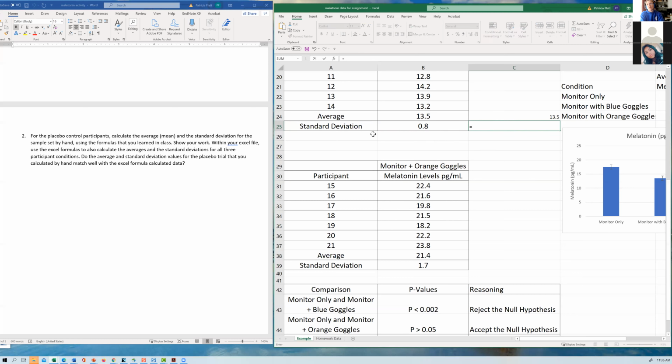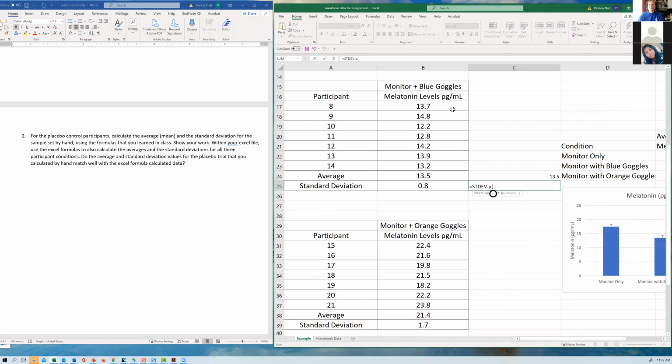So you'd start with equals stdev.p. This is going to give you the same calculation that we're using, or same rounding that we're using in the formula that I gave you that you're going to do by hand. So it should match what you calculate for your standard deviation in the trial.